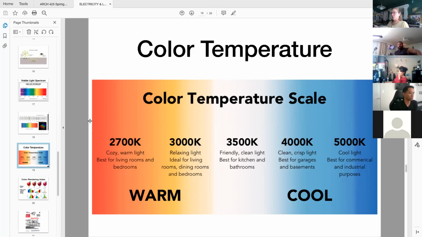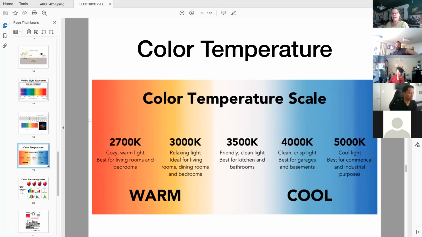Very, very cool temperatures that are going to have a very white, sanitized color to them are going to be closer to the 5,000 Kelvin range. And then a very nice warm incandescent light is going to be closer down to the 2,700 Kelvin range.